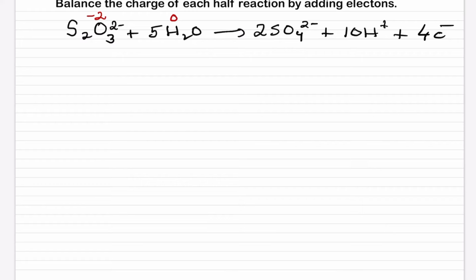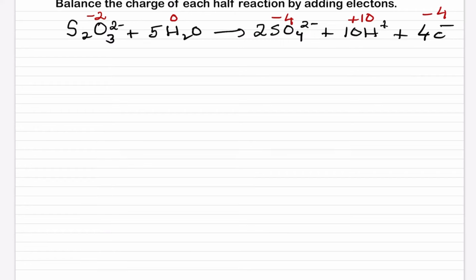Overall it will become -4 charge. 10 H+ will have a +10 charge, and for electrons, one electron is -1 charge, so 4 electrons will be -4.